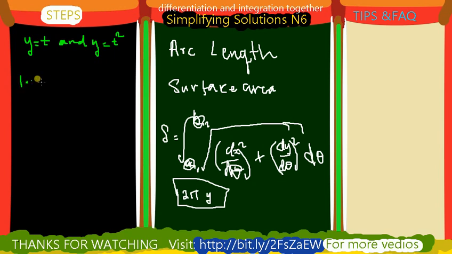So first you derive, say dy over dt and also dx over dt, and the second step, you square both of them.